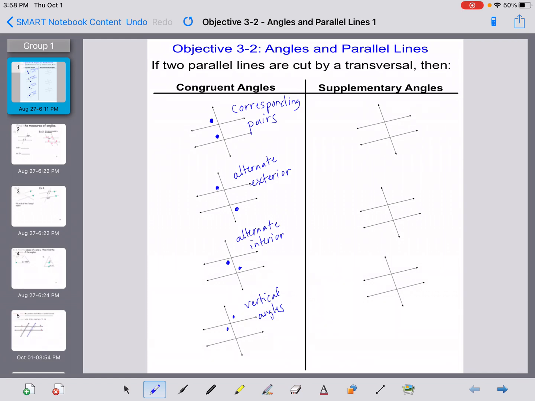That leaves us with consecutive interior, and we also had consecutive exterior. Good job. Oh, I'm about to misspell consecutive here.